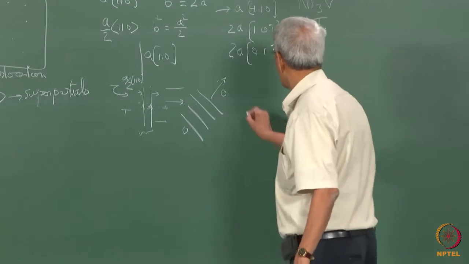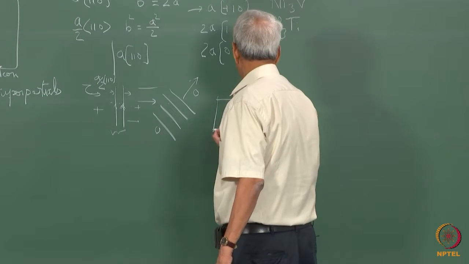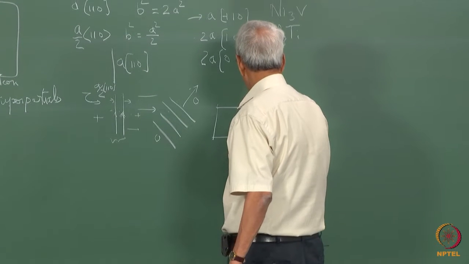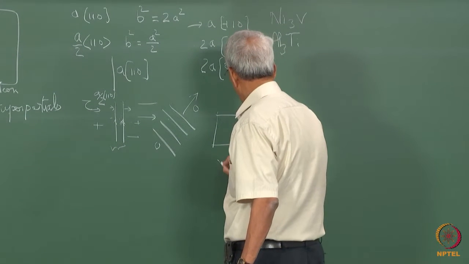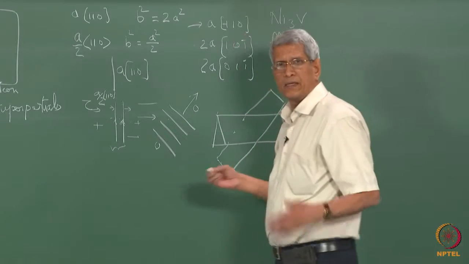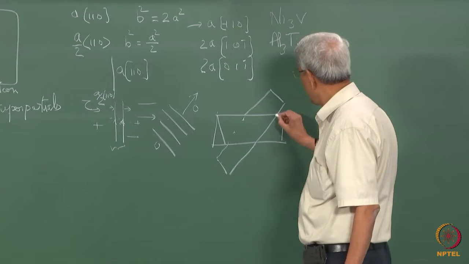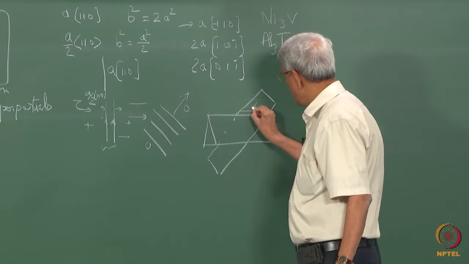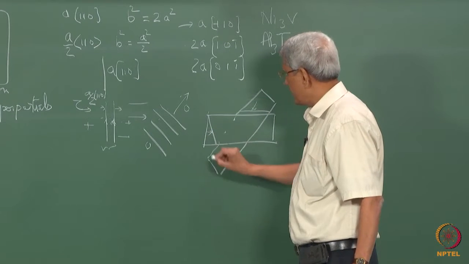Suppose we consider a dislocation, one dislocation moving in this plane. In real material, another dislocation is moving in this direction, and this is moving down, this is moving in this direction.